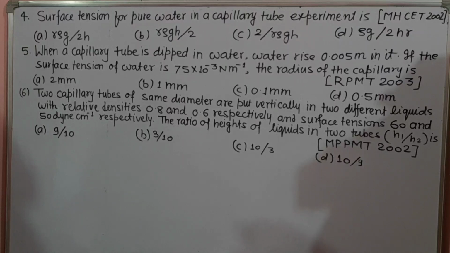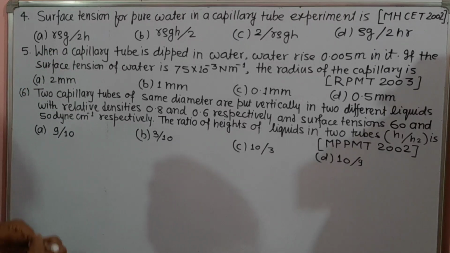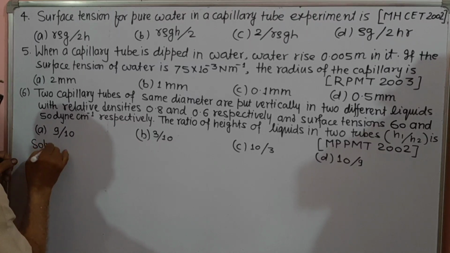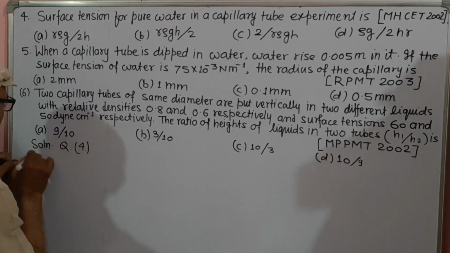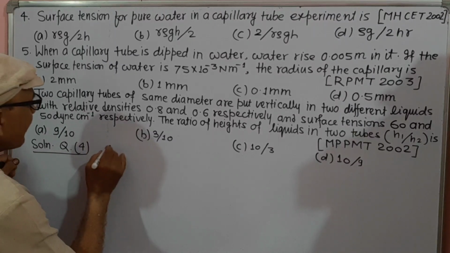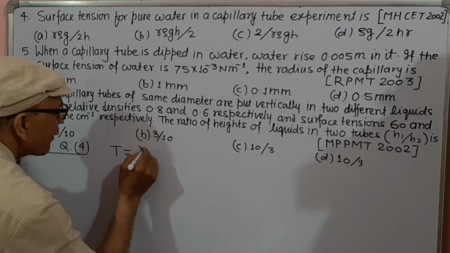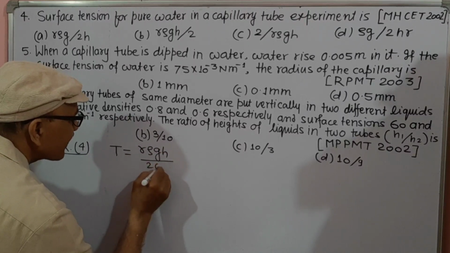Next question number 4. The question is, surface tension for pure water in a capillary tube experiment is. These are the options. Now solution to question 4. We know surface tension T is equal to r rho g h upon 2 cos theta.